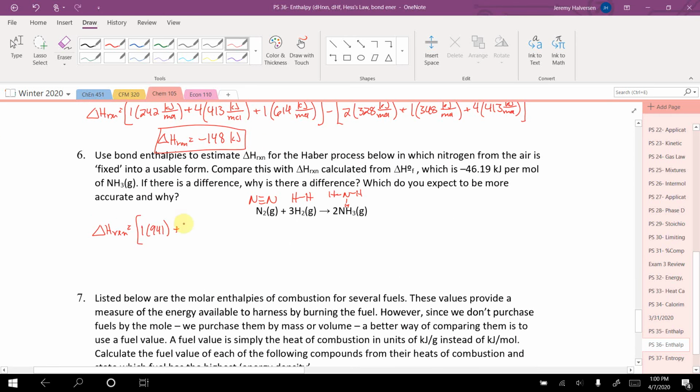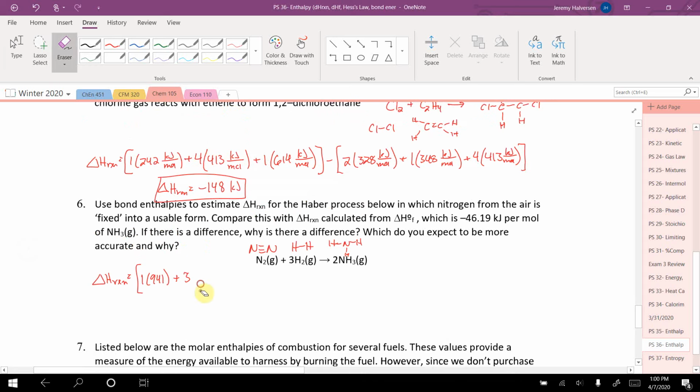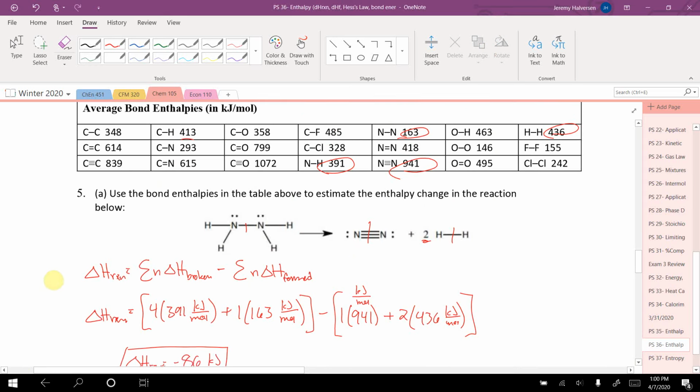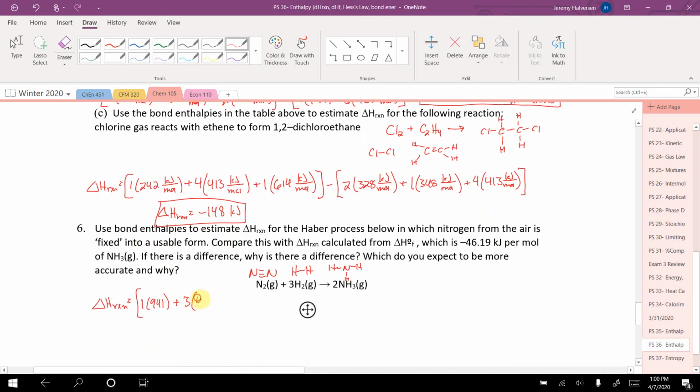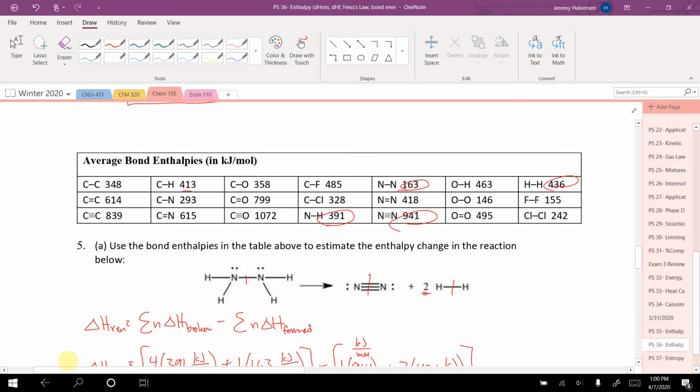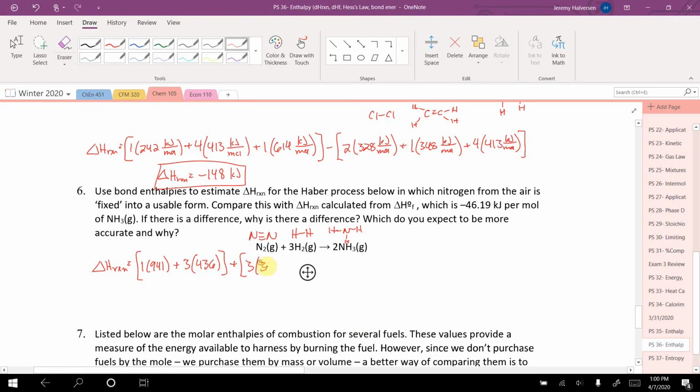We're breaking 3 H-H single bonds, which are 436. We're forming 3 N-H single bonds, which are 391.